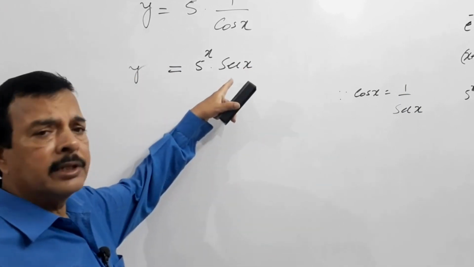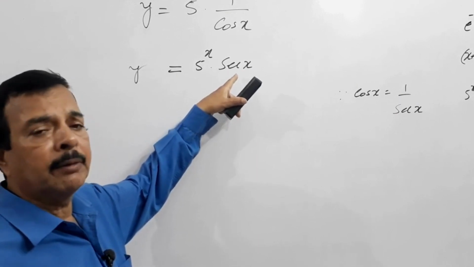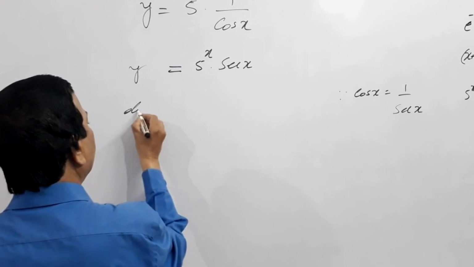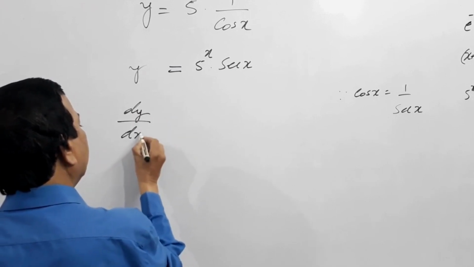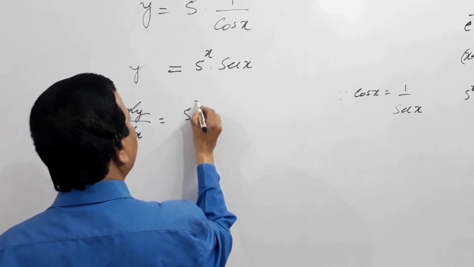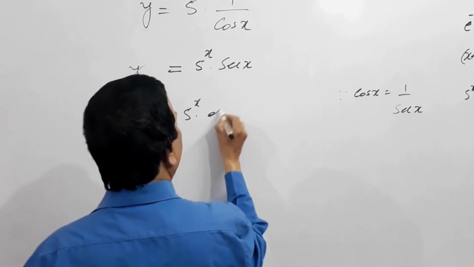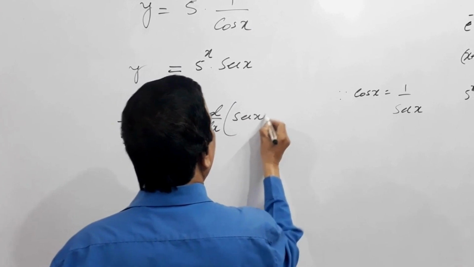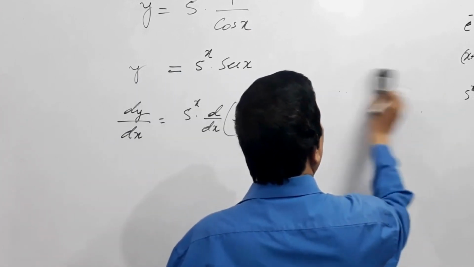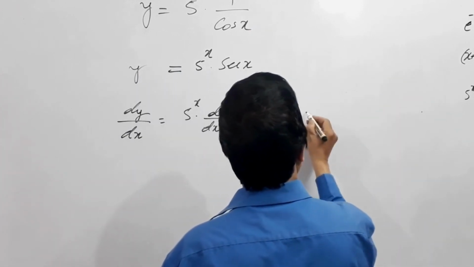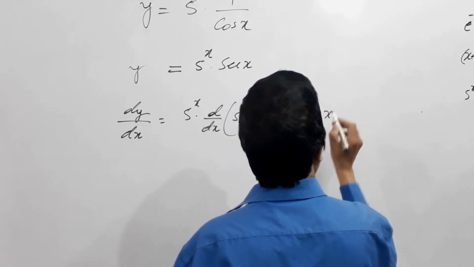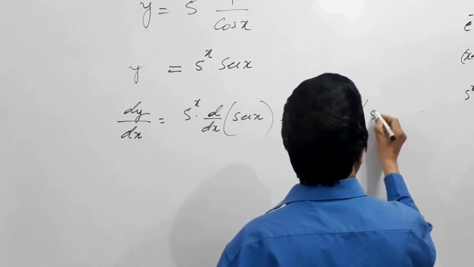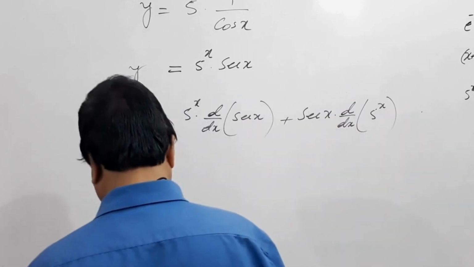Now it is easy to differentiate because we know what is d by dx of secant x. So we'll differentiate this. dy by dx equals, I write 5 to the power of x as it is, d by dx of secant x, plus I write secant x as it is, d by dx of 5 to the power of x.